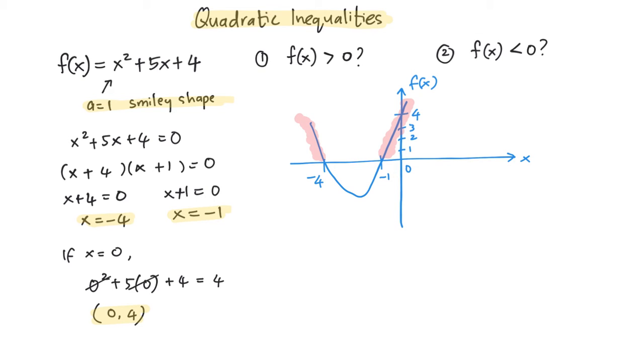It means that for this graph, the part that is greater than 0 is when x is greater than -1, and the other one when x is less than -4. Because if you see here, this is where x is -0.9 maybe, here -0.8, here -0.7, and so on.